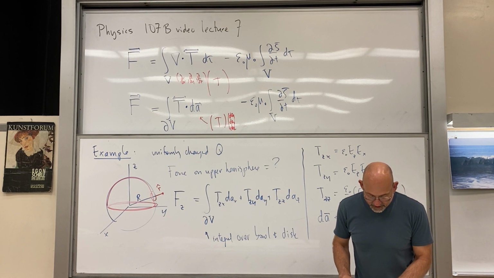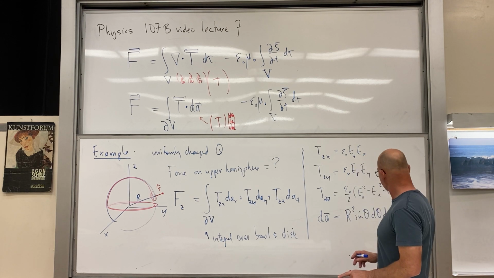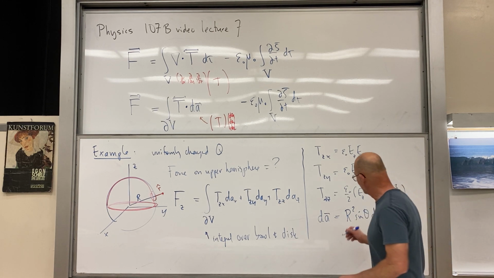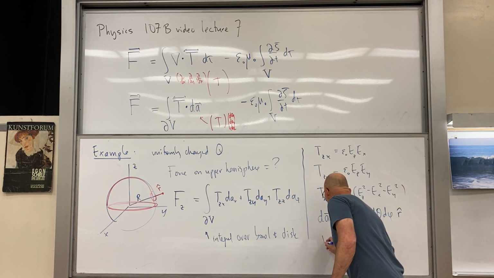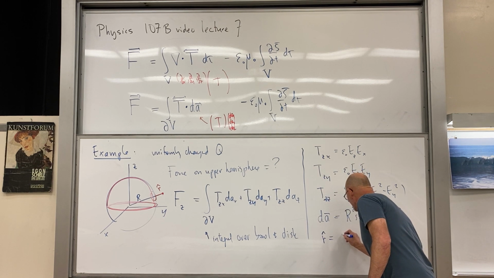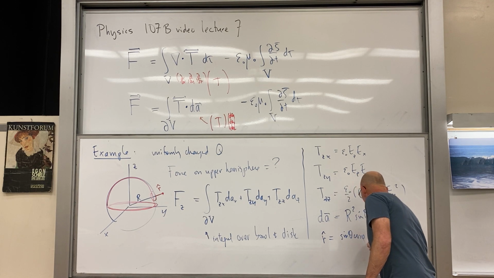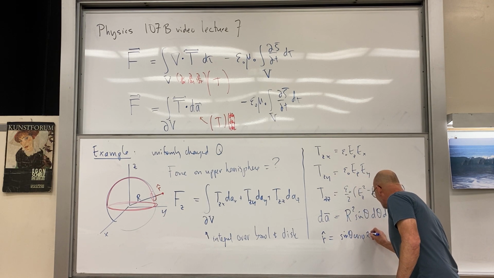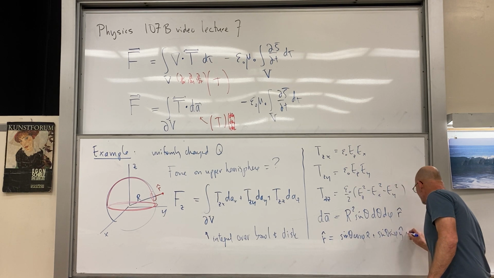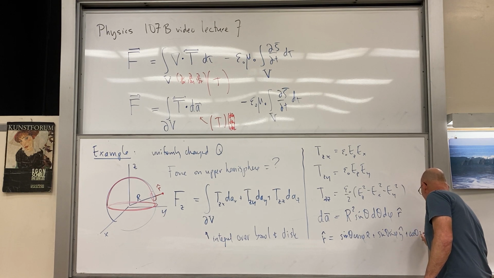Let's see what else we need. I could write the r hat down already. R hat is going to be sine theta cos phi x hat plus sine theta sine phi y hat plus cos theta z hat.